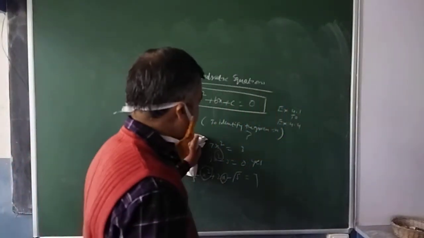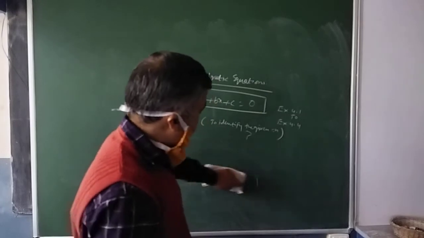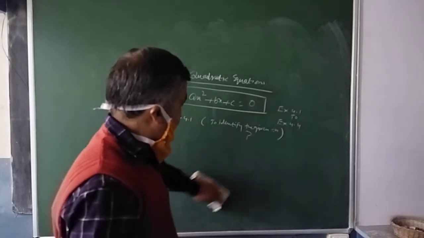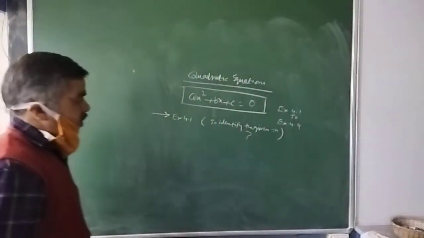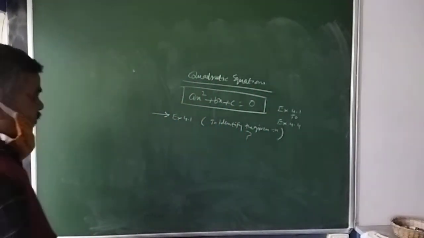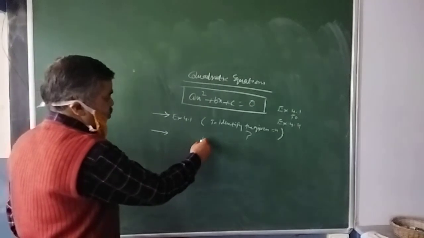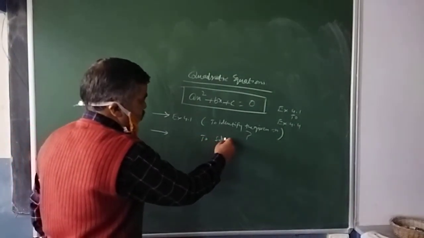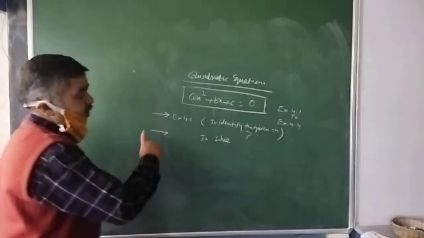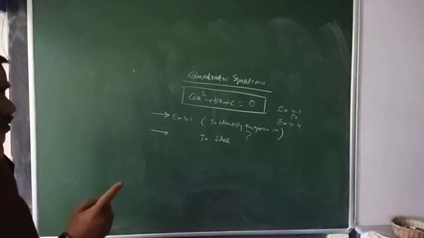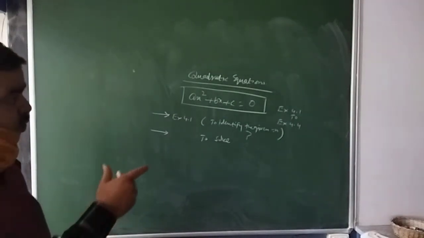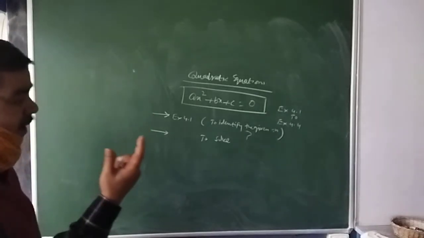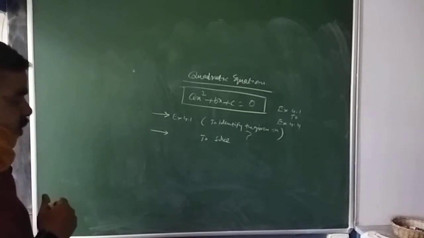So, first of all, you have to cover how to identify the quadratic equation. Then, the second part comes: to solve the equation. That is a part of all the exercises 4.1 to 4.4; from question 2 of exercise 4.1 onwards, you may be asked to solve the quadratic equation.